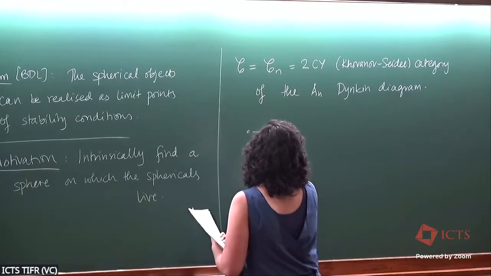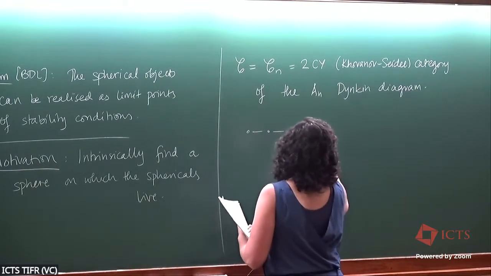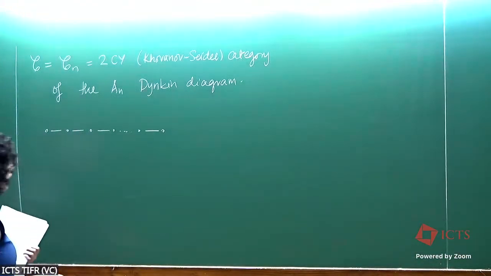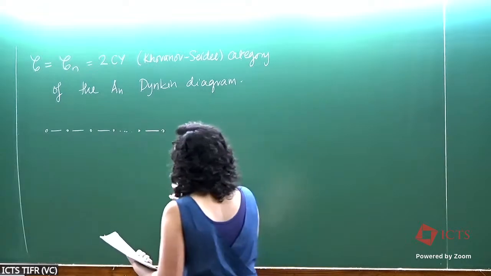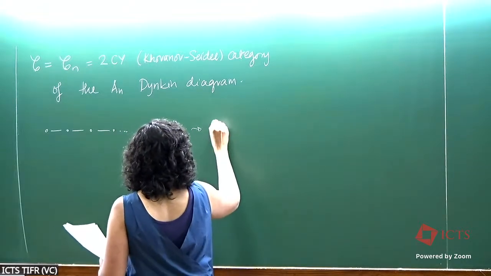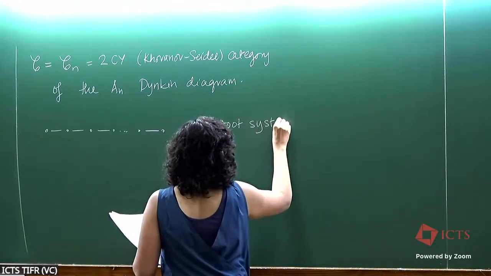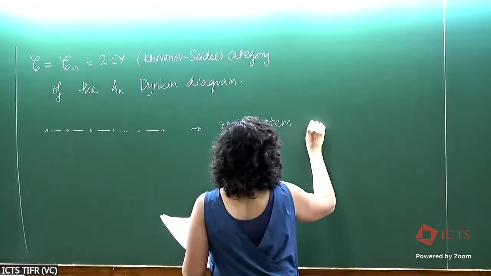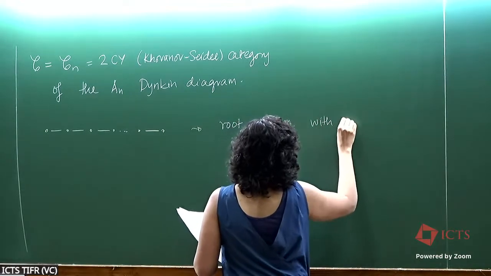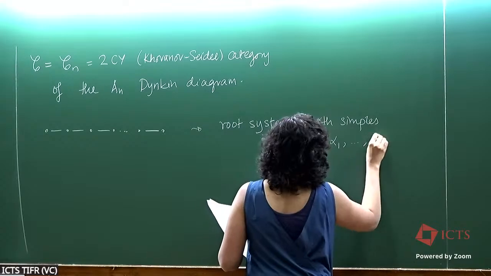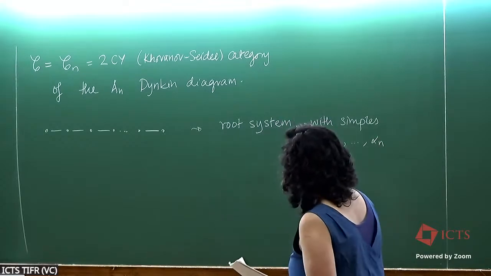Let's recall the A_n Dynkin diagram: n vertices connected in a line. There's a root system associated to this setup, and it has standard simple roots, alpha_1 through alpha_n.